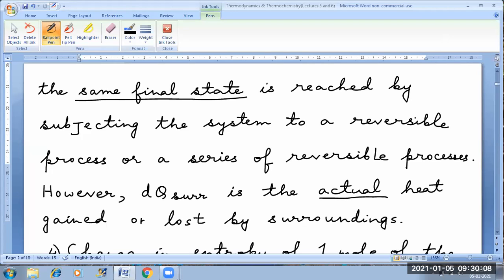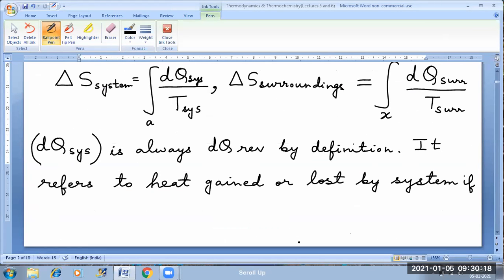So whatever actual value of heat gained or lost is done by the surroundings is taken for calculating the dq surroundings. But for system, we cannot directly take the actual value of dq. Why? Because we first need to imagine or devise an alternative reversible path between state A and state B. And then for that reversible path existing between state A and state B, we calculate the value of heat gained or lost.